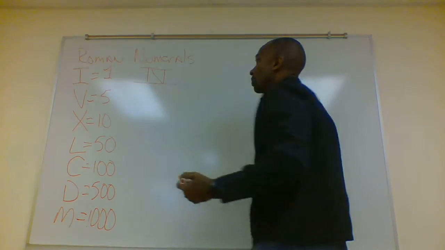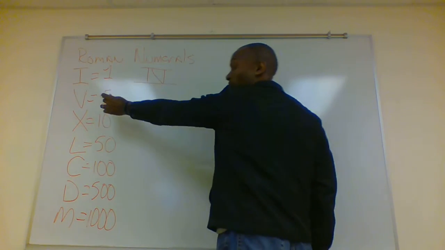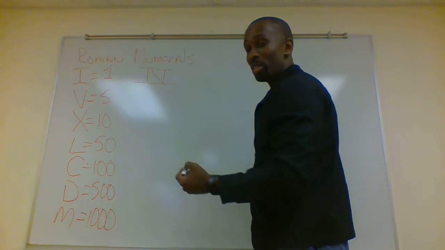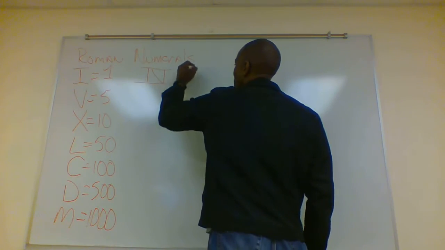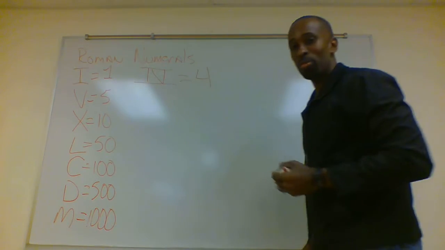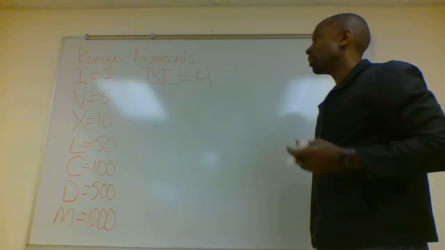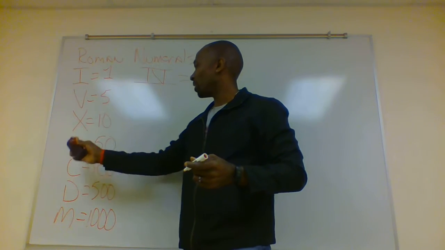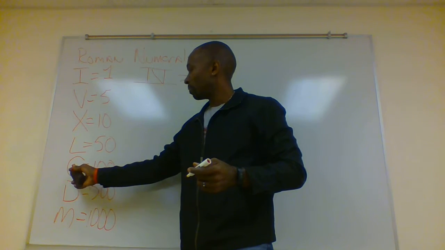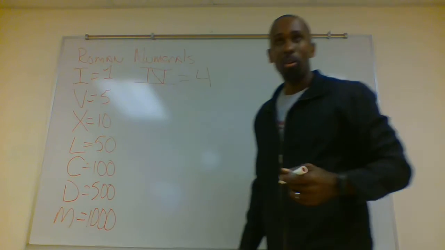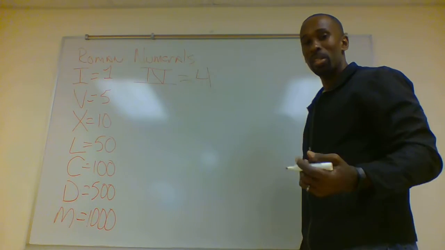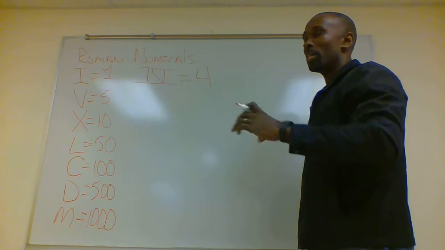What the Romans did was take the number 5, which is represented by V, and subtract 1 from it. So the 1 being before the V makes IV equal to 4. So with any of the large numbers, be it 5, 10, 50, 100, 500, or 1,000, you'll see a lot of that where the number is represented by one number minus another.